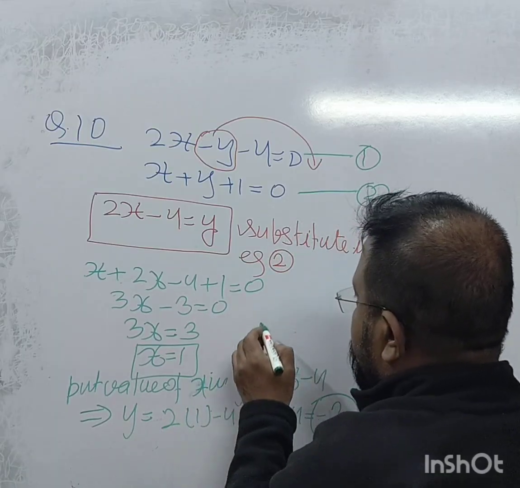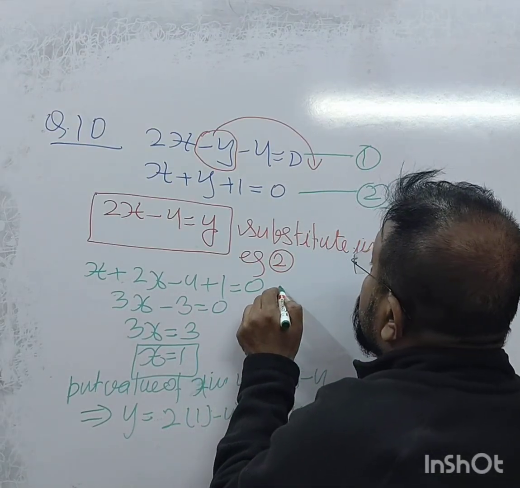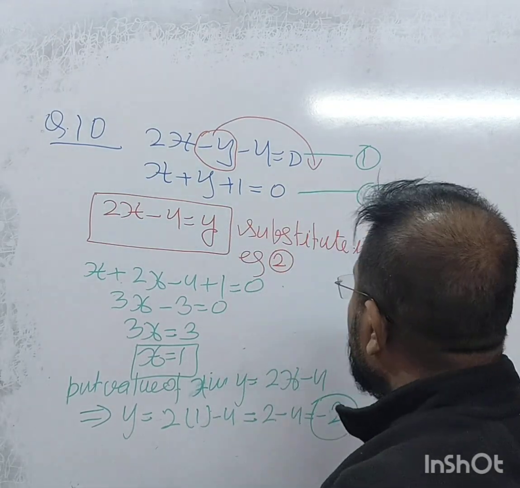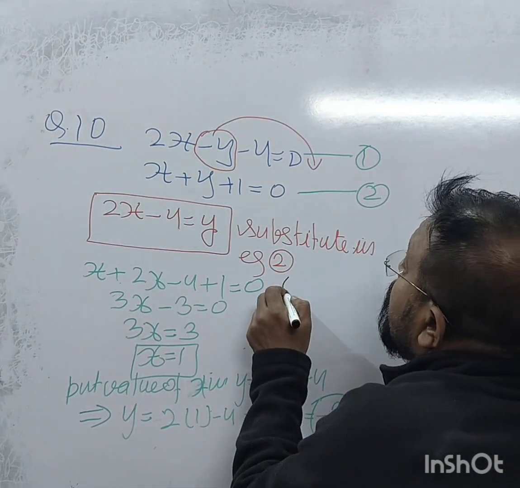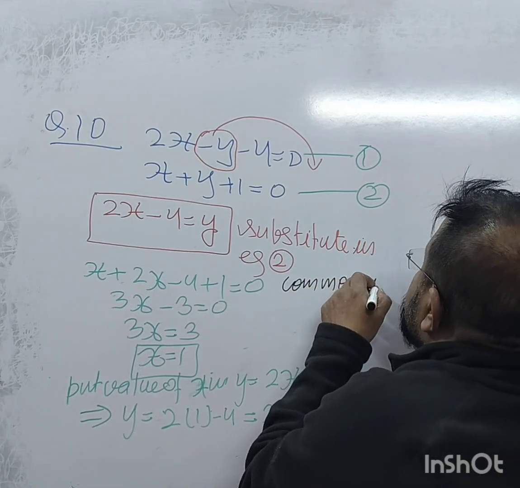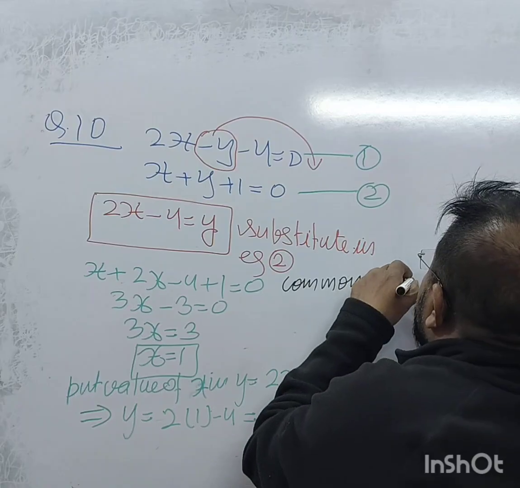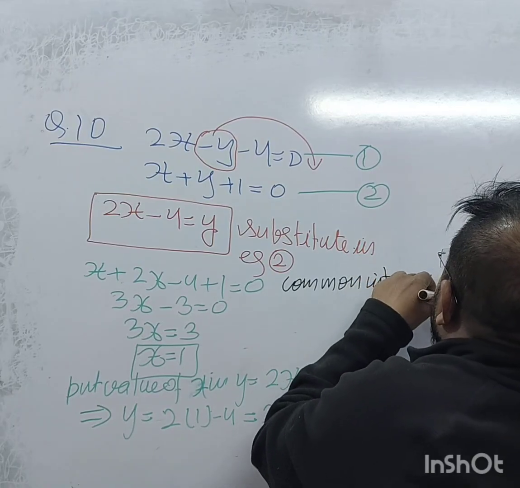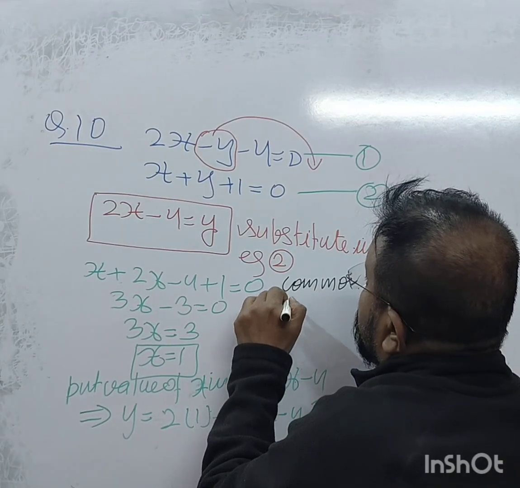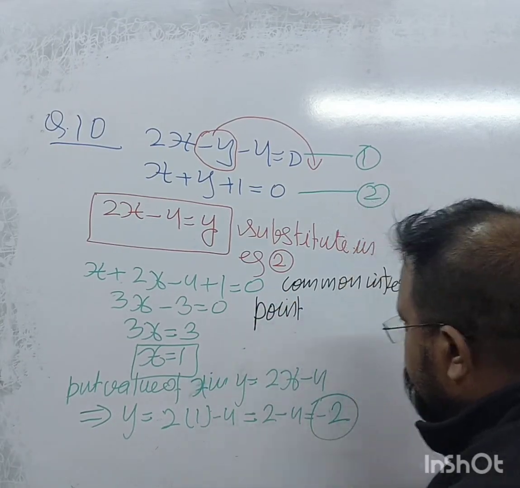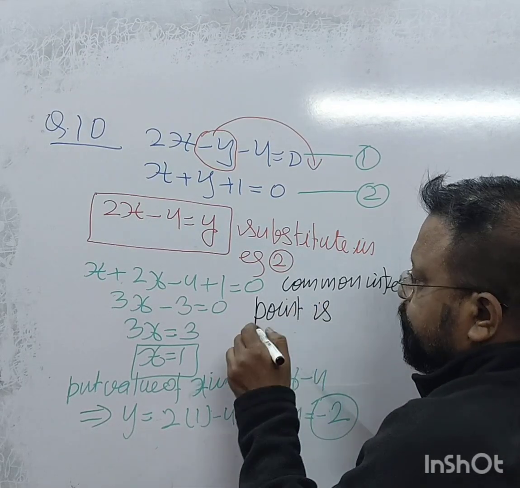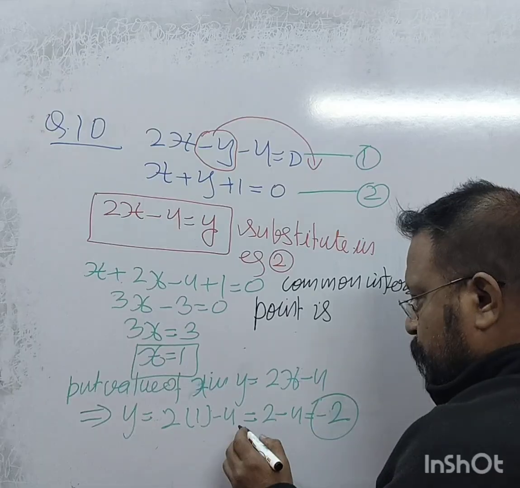So the intersecting point is the common point. The common intersecting point is 1 comma minus 2.